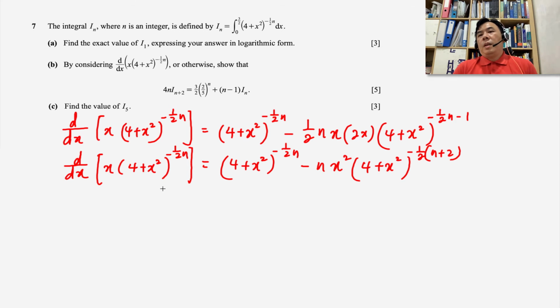Okay, now what comes next is very important. Once you obtain this differentiation, we can reverse the process here by applying the integration. So here I'm going to rewrite the integrations directly. Okay, I'm going to put a bracket here with respect to dx.